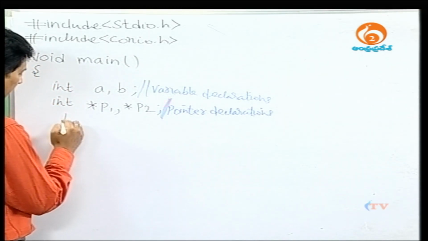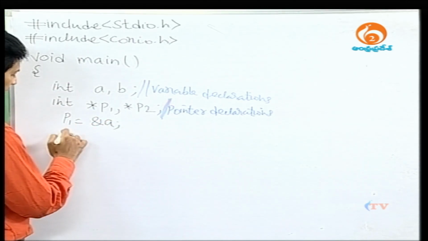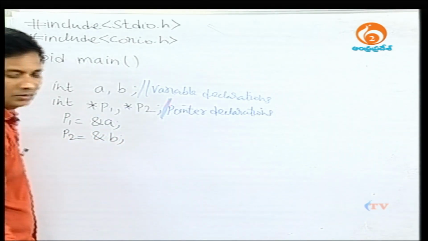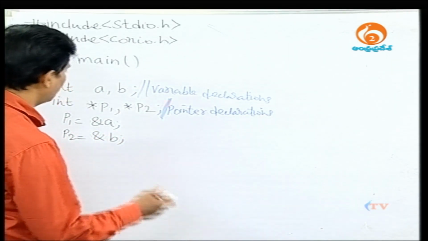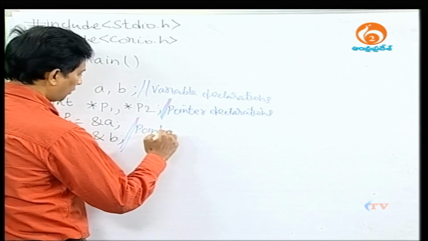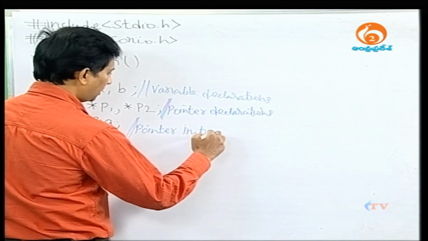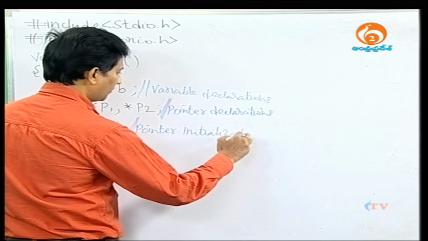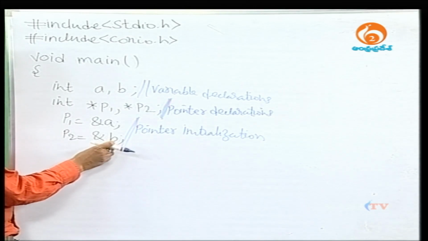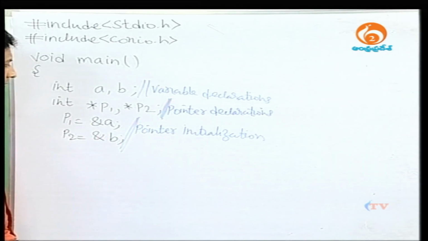Next, P1 equal to ampersand A. Next, P2 equal to ampersand B. These are called pointer initialization, because we are assigning the variable's address to the pointer.